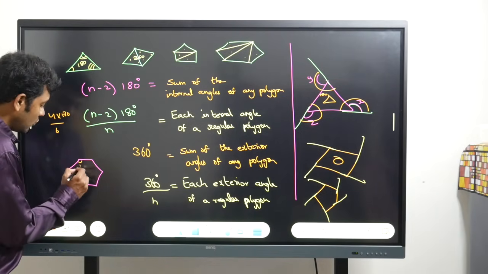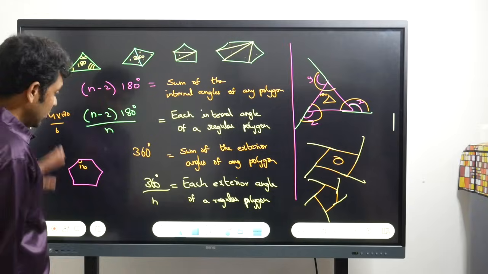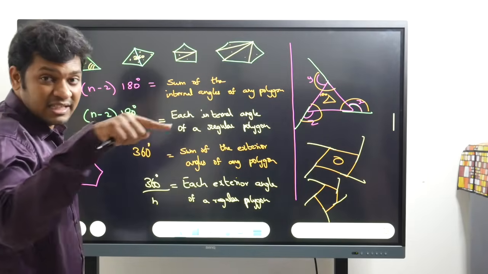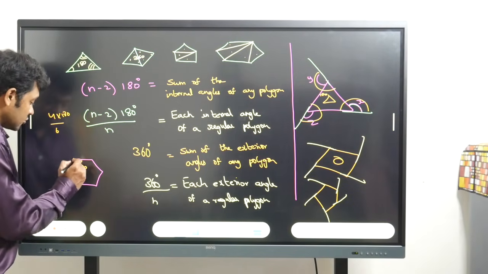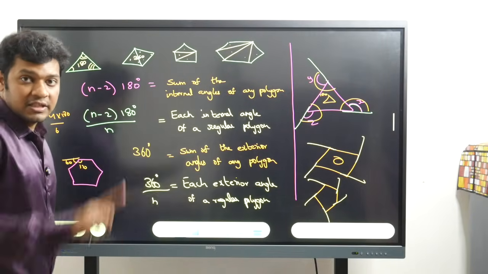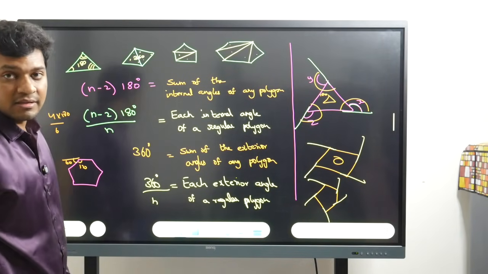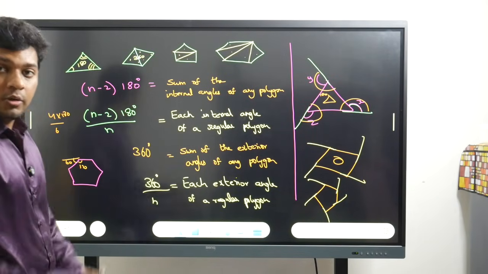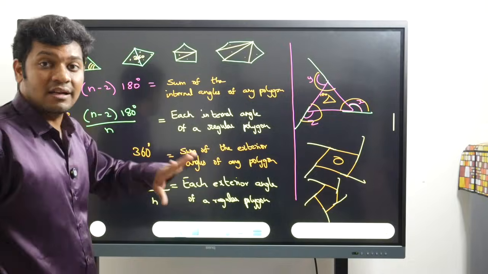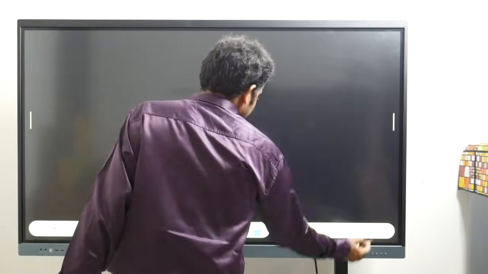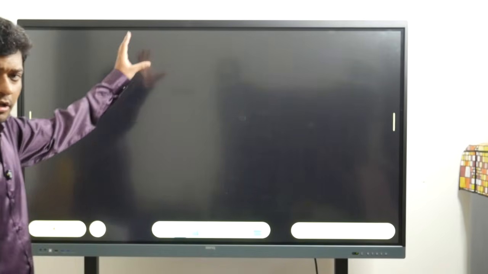Each interior angle will be 120 if it's regular. Instead of doing this, I can say the exterior angle is 360 divided by 6. So my exterior angle is going to be 60. If the exterior is 60, interior will be 180 minus 60, therefore it's 120. Okay, you can use this exterior angle to find the interior angle of a regular polygon. That's all. This is with polygons.